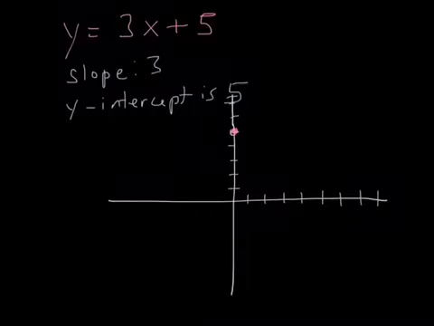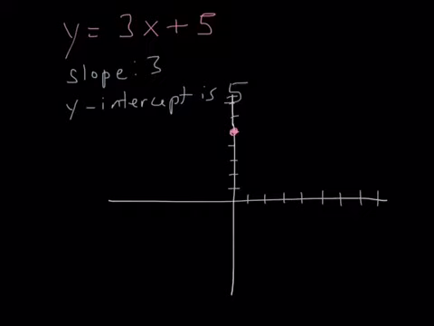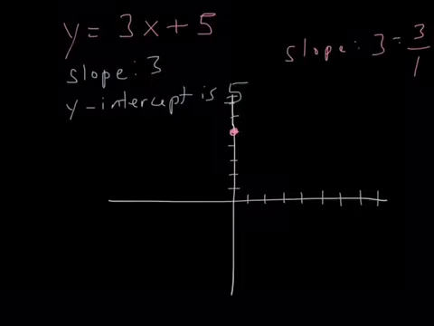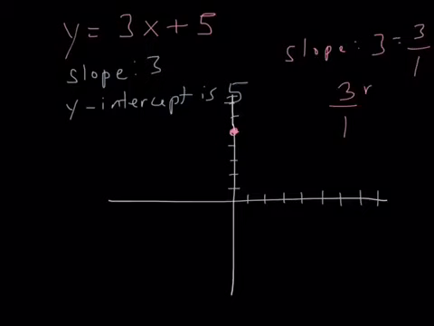And from this point, we can use that slope of 3 to count to our next point. A slope of 3 is the same as 3 over 1, so we can think of this as our rise over run. From our y-intercept of 5, we can count up 1, 2, 3, and over 1 to get to the next point.